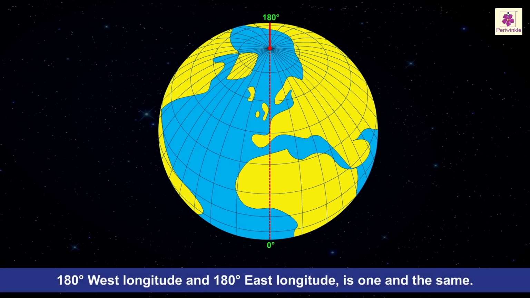As the Earth is round, and we know that a full circle has 360 degrees, 180 degrees west and 180 degrees east longitude is one and the same.